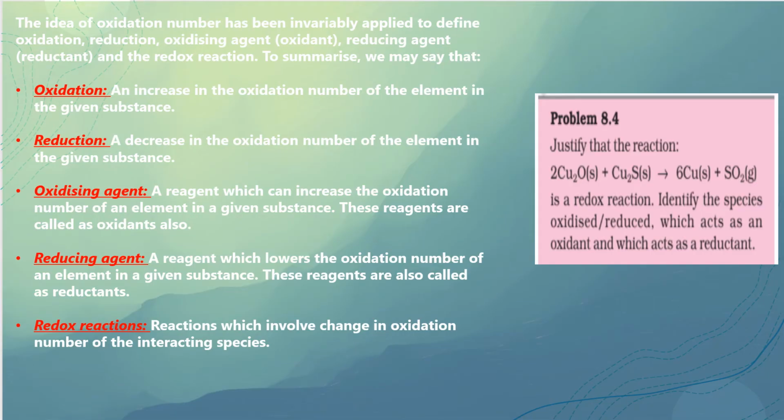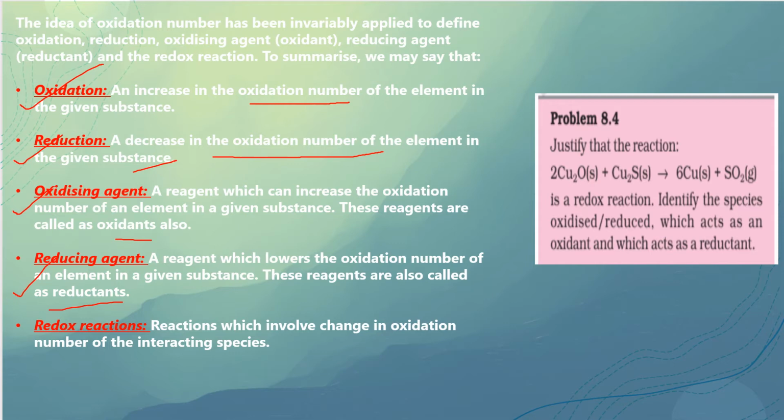The idea of oxidation number has been applied to define terms like oxidation, an increase in the oxidation number of the element in a given substance; reduction, a decrease in the oxidation number of the element in the given substance; oxidizing agent, which is also called oxidant, a reagent which can increase the oxidation number of an element in a given substance; and a reducing agent, that is reductant, a reagent which lowers the oxidation number of an element in a given substance.